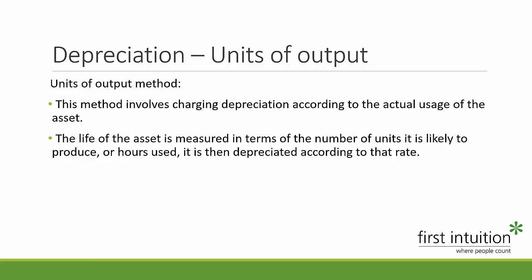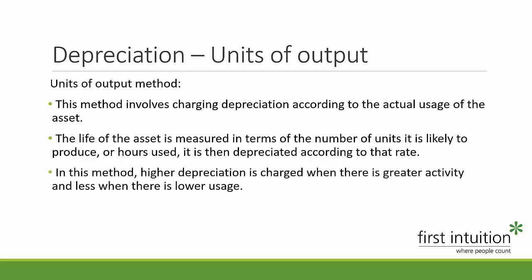It is then depreciated according to that rate. In this method, a higher depreciation is charged when there is greater activity and less when there is lower usage. So again, the more we use the asset, the more depreciation we are going to charge in that year. And the less we use the asset, the depreciation charge will be lower.